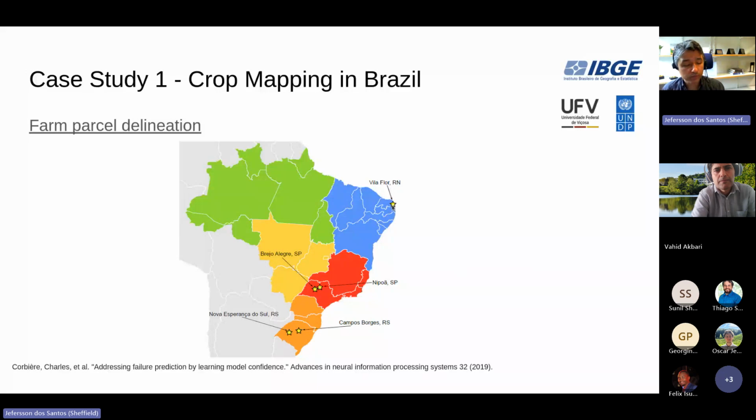But we also evaluated the method in a different setup in which, for example, we train with these four and leave, for example, Brejo Alegre outside, and we did that for the 5 regions to see if the confidence of the model will be higher if we have closer regions, and the conclusion was that yes, and we learned a lot from this process.